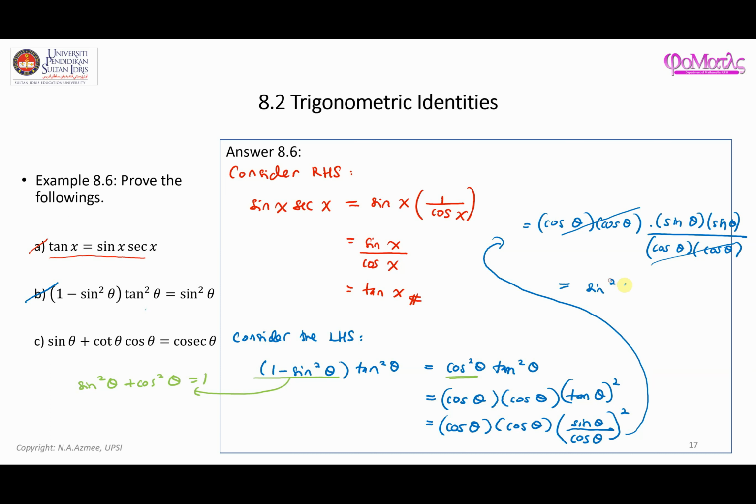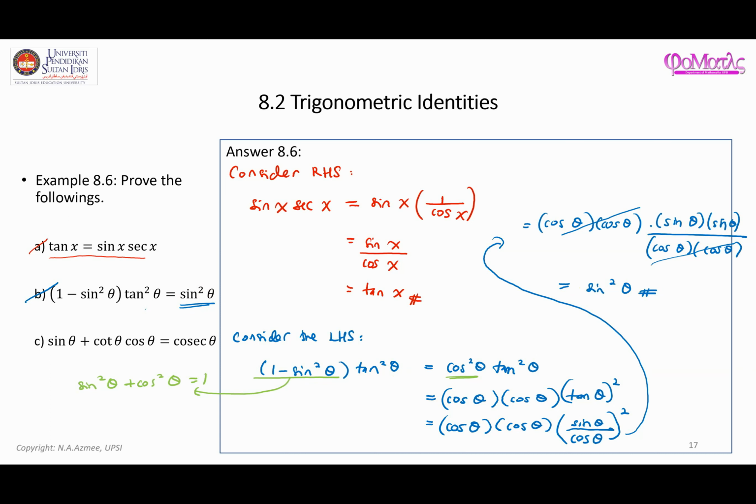This is actually sine squared theta. So there you go. You are able to work from the left-hand side until you reach an answer that matches the right-hand side.